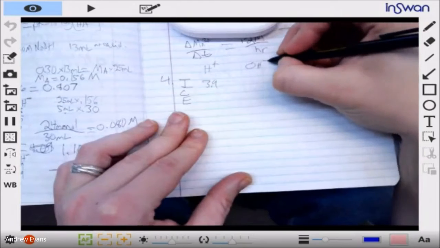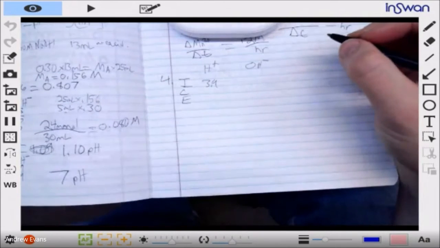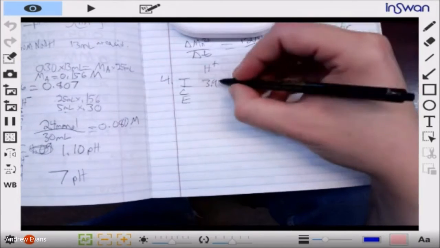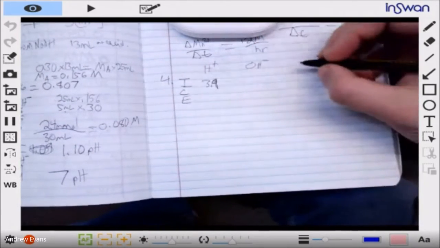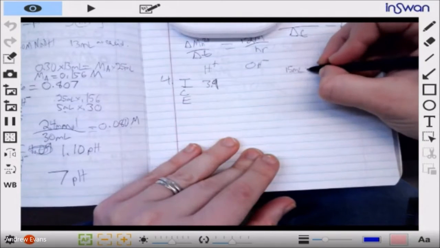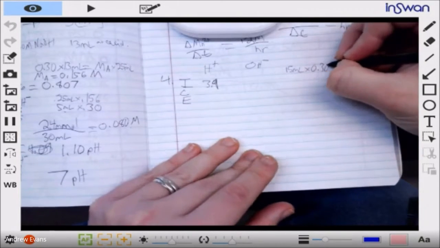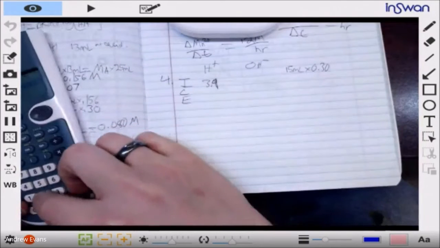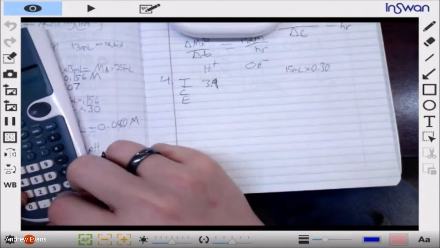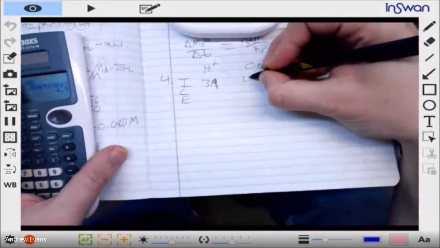That will stay at 3.9 each time because the initial amount of acid, we're not adding anything more there. We're only adding more base. So 15 mils times 0.30, what is the moles of base? 0.3. Means this is jumped up to 4.5.